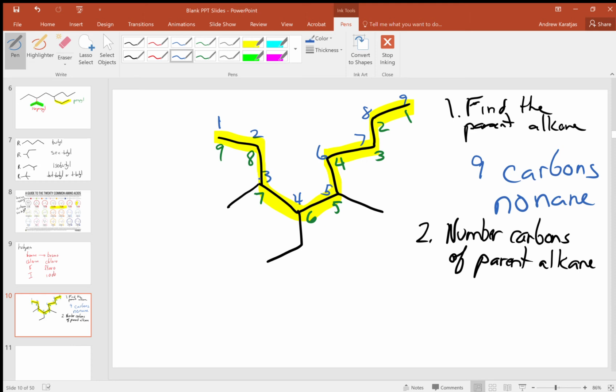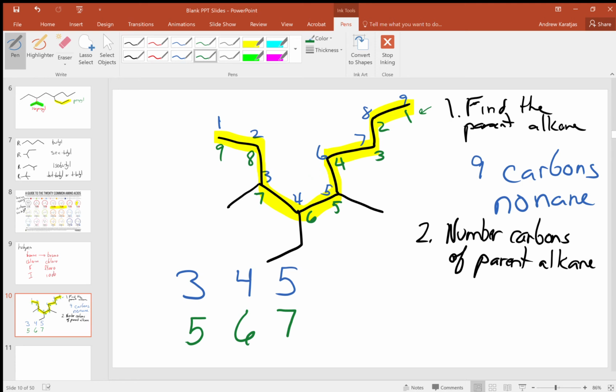But carbon 3 has a branch point. The next branch point is at 4, and then there's a substituent or a branch point at 5. What about if we start over here with the green numbers? The first substituent is at 5, the second one is at 6, and the last one is at 7.